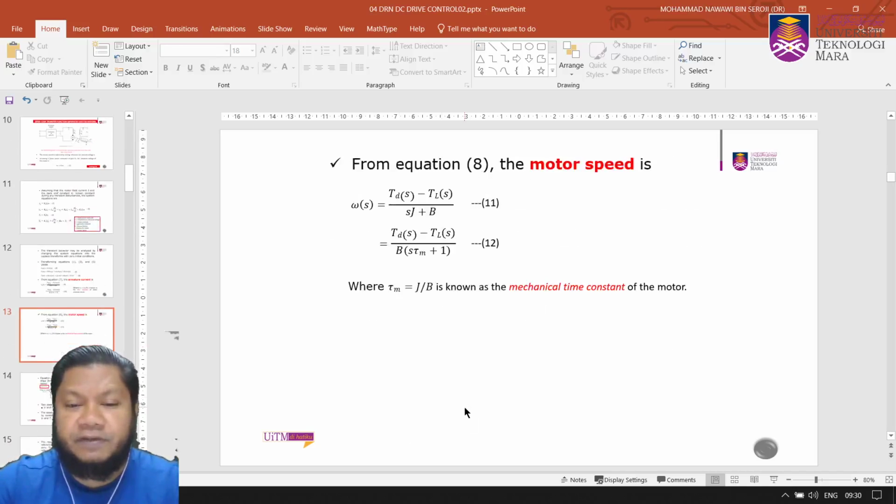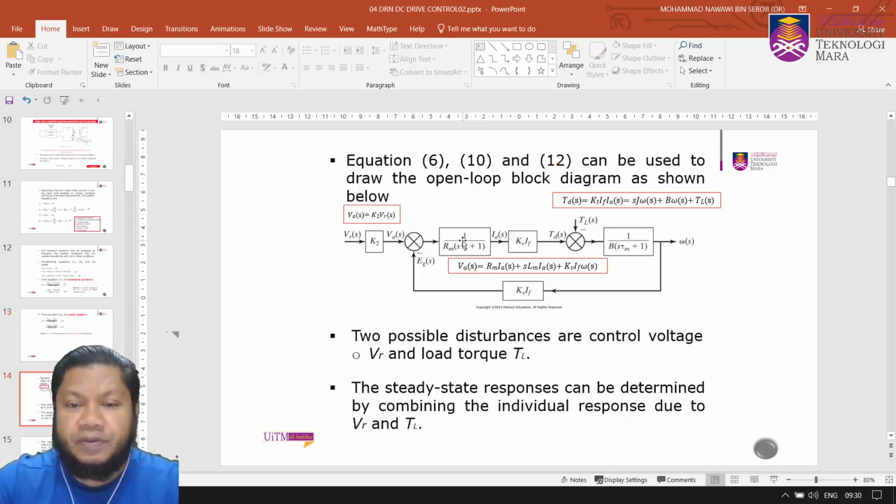And finally we found out that this is the model of the motor. So we need the equation for speed, and then we give a feedback, right? And this presents the steady state equation in terms of Laplace transform.